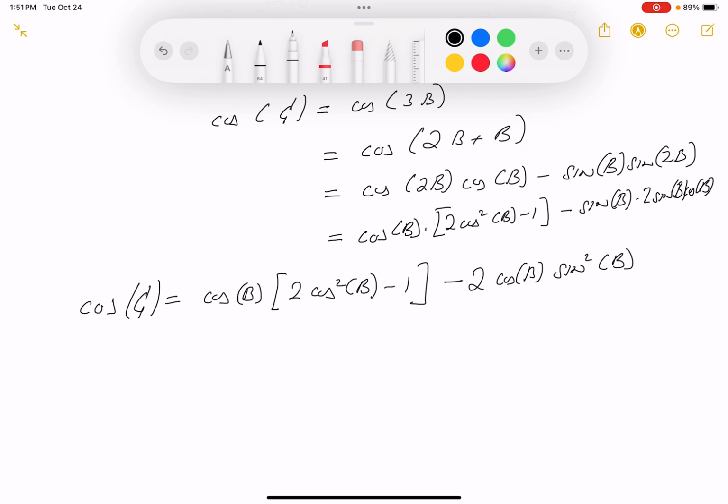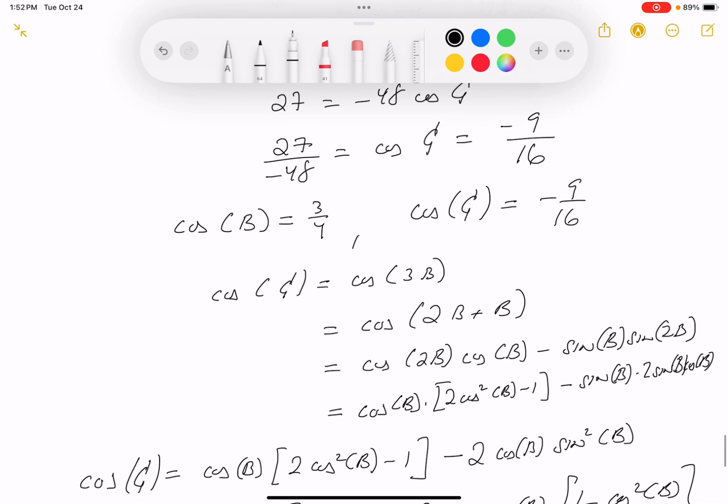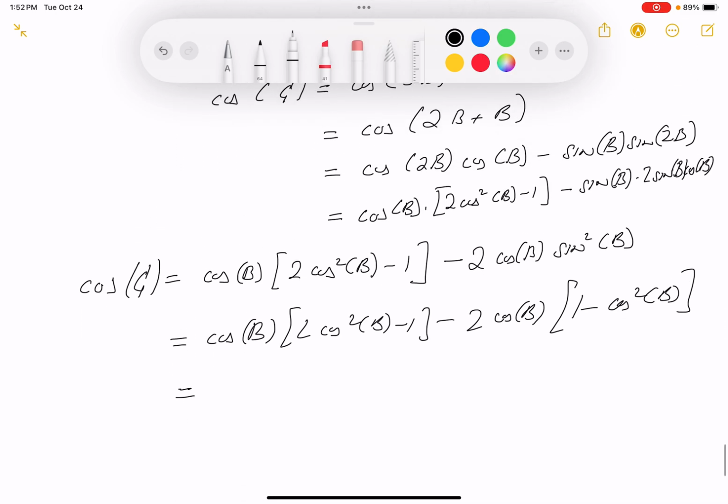Now, isn't that convenient? I'll tell you why. I can write that in terms of cosines now. So cosine of B, 2 cosine squared B minus 1 minus 2 cosine of B. Sine squared of B is going to be 1 minus cosine squared B. All right? Now, it says that what's cosine of B? It's 3/4, right? And before I do that, the cosine of C is minus 9/16.